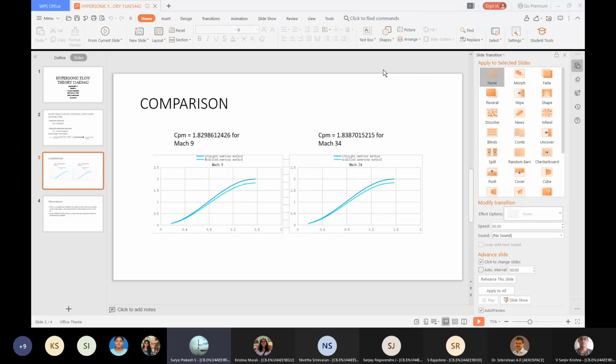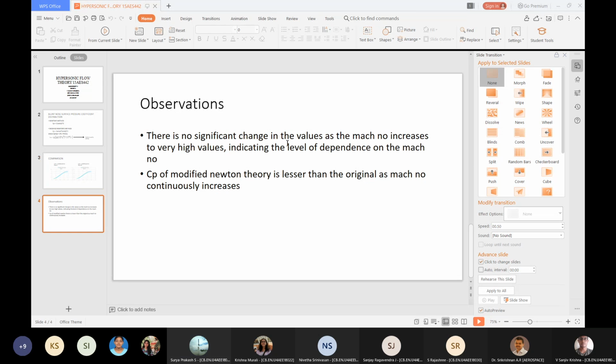You can see the difference between the two graphs. As I said before, there is a significant change as the Mach number increases, and you can also see that the modified Newton theory is lower than the original.